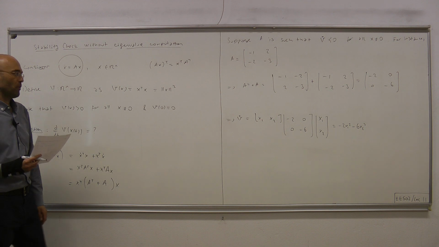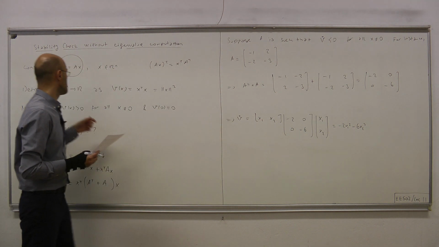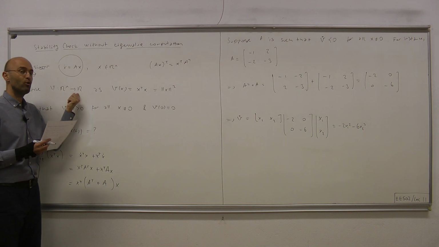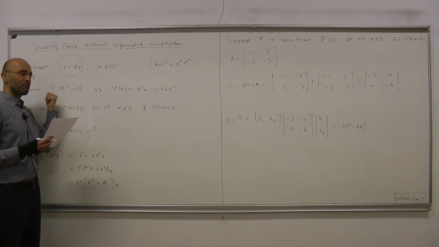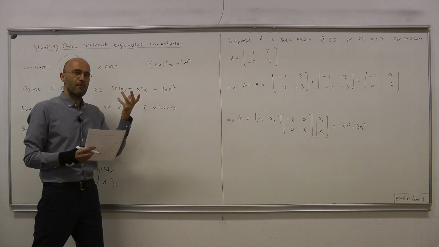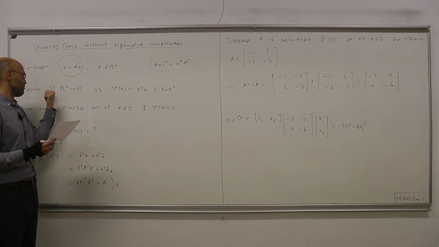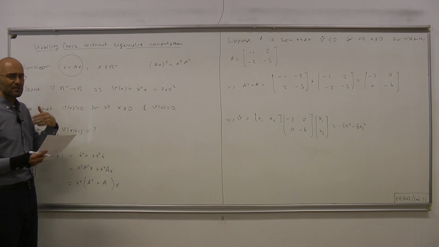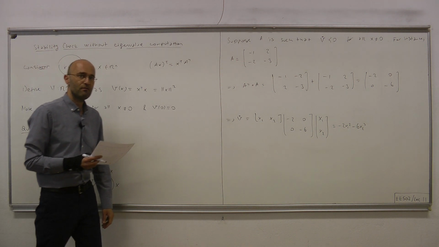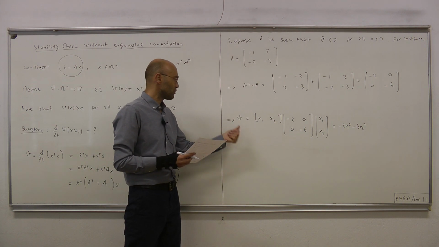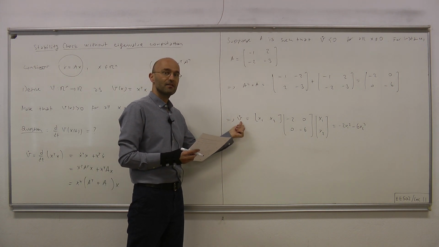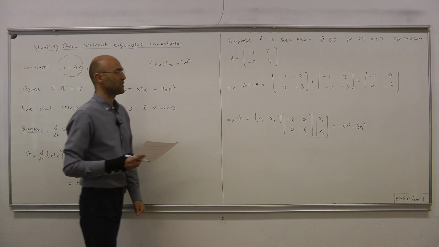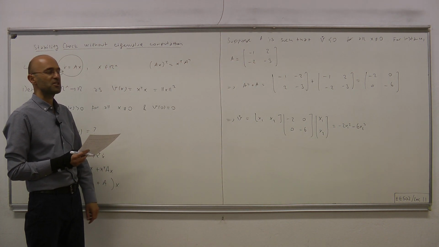Okay, so this means the following. This is our function V from Rn to R. From this function, we produce a function of time by passing through it the solution x of t. And then we compute the time derivative of V of x of t, and we obtain V dot. For this particular example, V dot is -2 x1 squared -6 x2 squared.